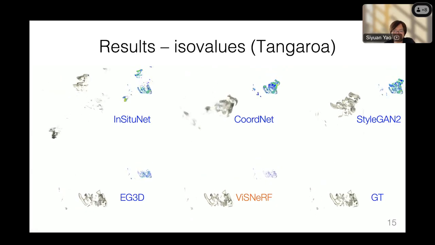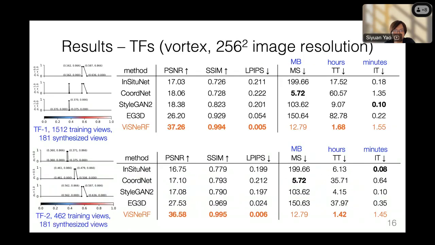We are also doing an experiment on interpolating between different transfer functions. It's actually just changing the transfer functions. For the first one, we are changing the opacity of two transfer functions. And the second one is more like moving the spikes of the transfer functions.